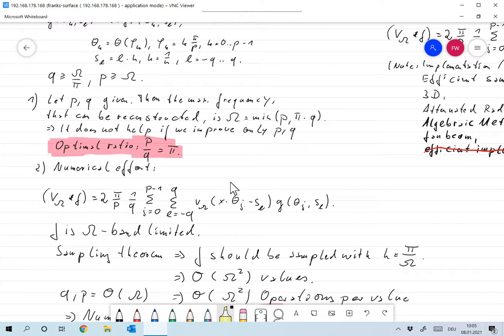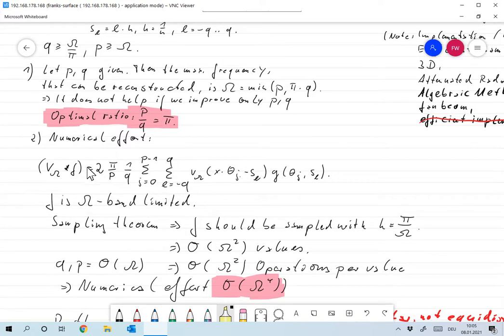Okay, so what about the numerical effort? Well, we proved, or we selected the reconstruction formula as follows. And obviously, for every x, for every place where we want to evaluate our approximation, we need to perform this double sum over here.